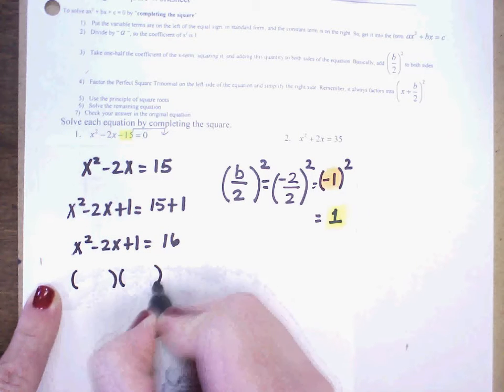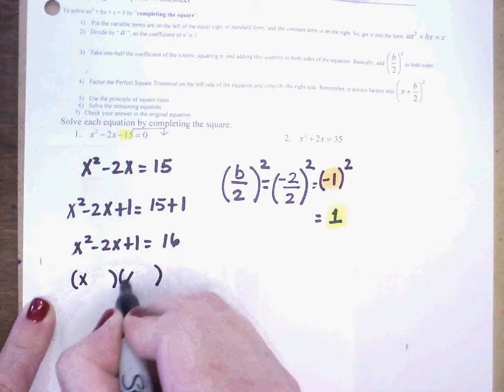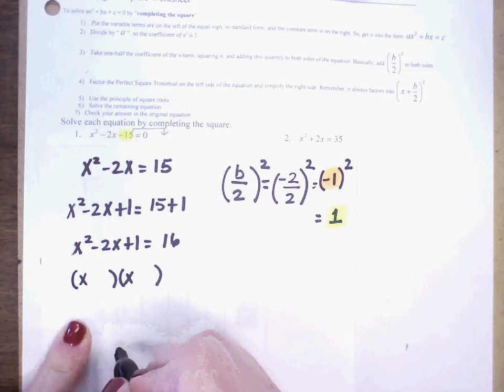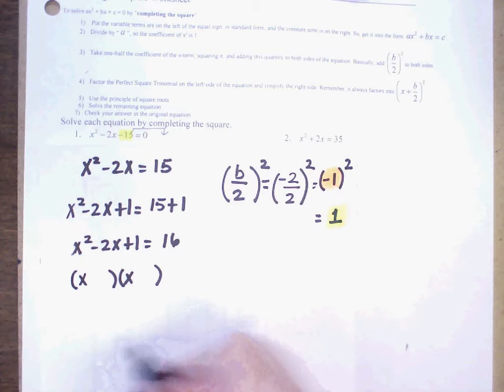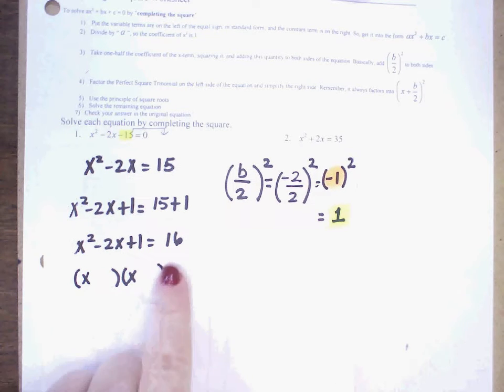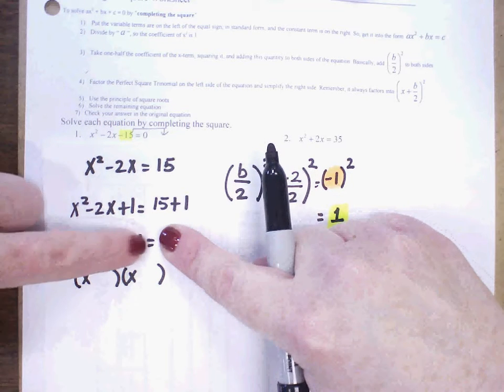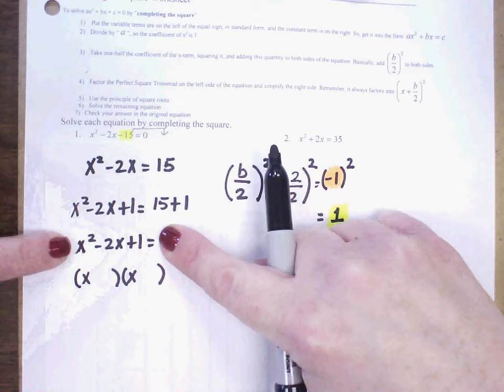How do I factor this? No. The 16. How do I factor that? Stop looking at the 16. How do I factor this right here?